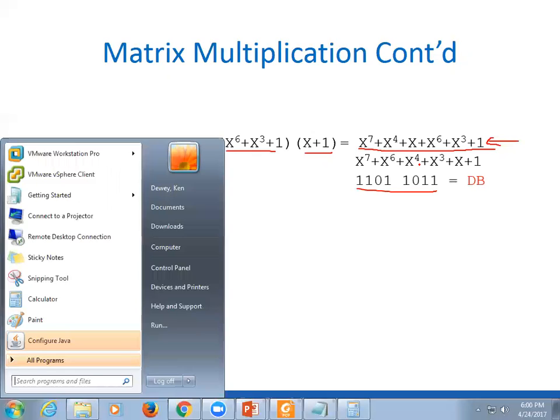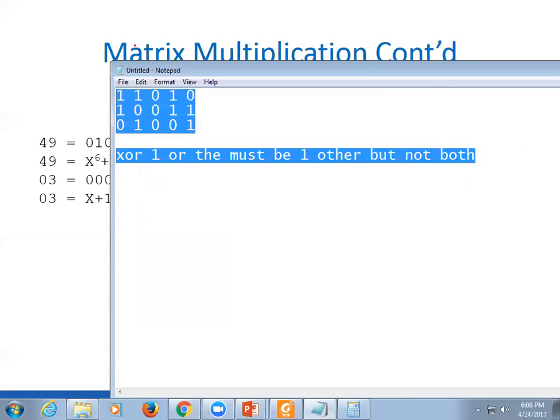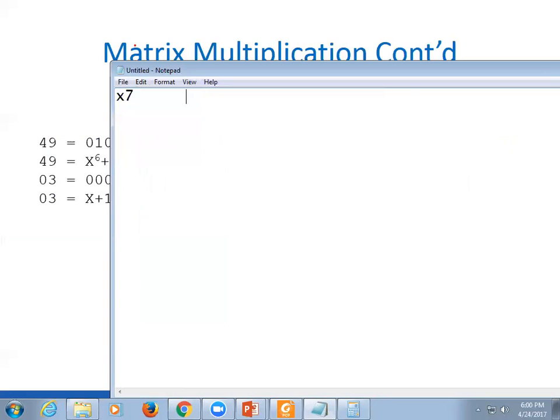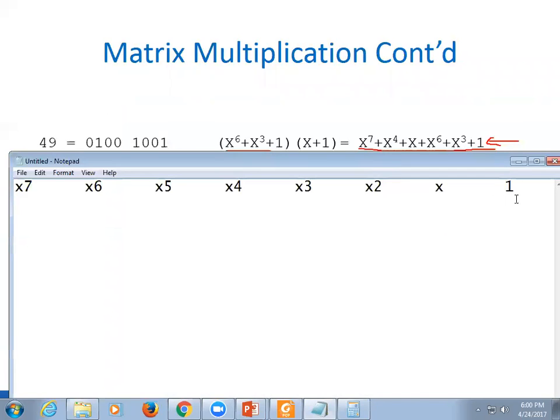Okay, let's do that, since I see some slight confusion. We want x to the 7th, x to the 6th, x to the 5, x to the 4, x to the 3, x squared, x, and 1. Let me hear it so far. Without going in order, we're just going to look at that one right there.